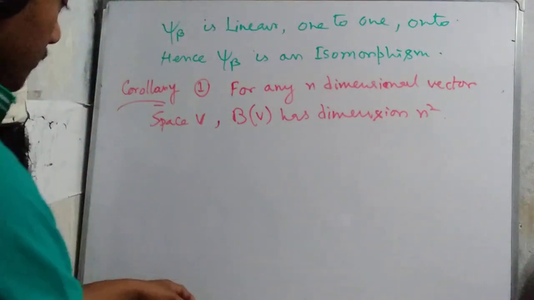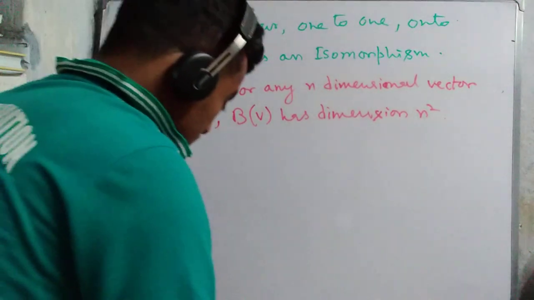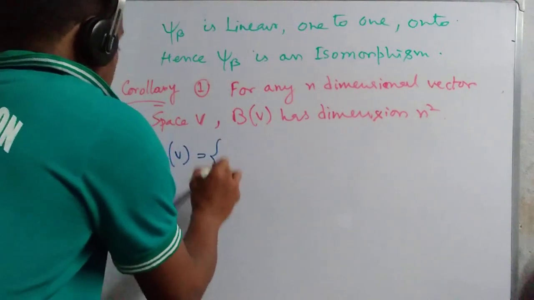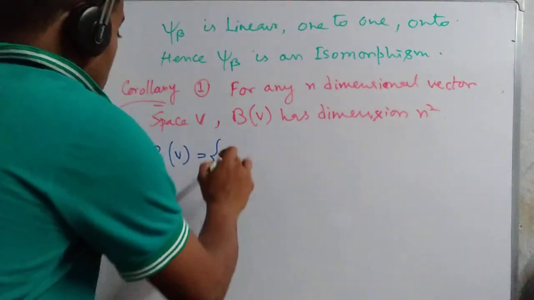That means BV equals the set of all bilinear forms.